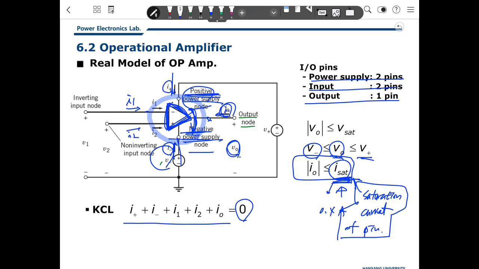So this is the real model of the op-amp. But when we analyze an electric circuit, if we use the real model, the problem is very complex. We cannot solve it easily because we have to consider the power source. But in general, we only need to be concerned about the signal levels.